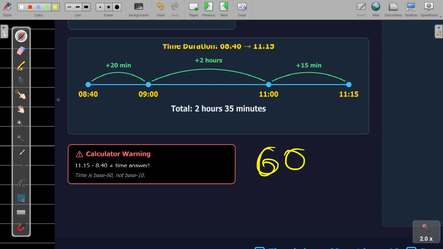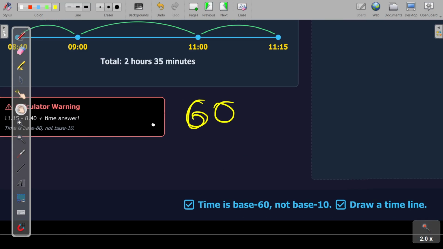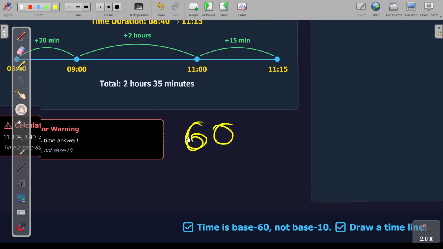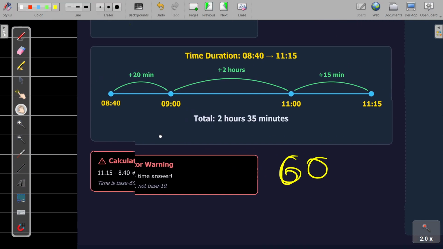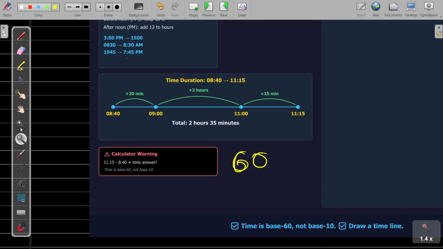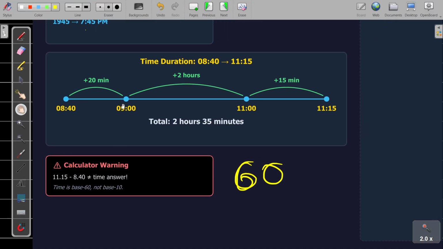So when you're in doubt, of course, this is a channel classic, when you're in doubt, draw it out. So we're going to draw it out right here. I've drawn a timeline for you, and we need to look at the whole process of this. So we need to jump from 8:40 to the next whole hour.